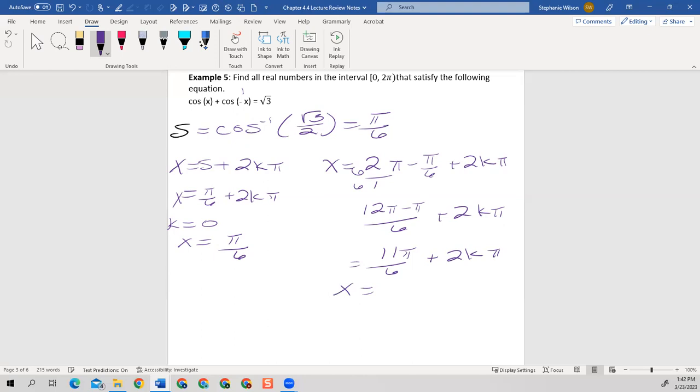So x is equal to 11 pi over 6 plus 2k pi. Plug in 0 for k, and we get x is equal to 11 pi over 6. So we have values of pi over 6 and 11 pi over 6.